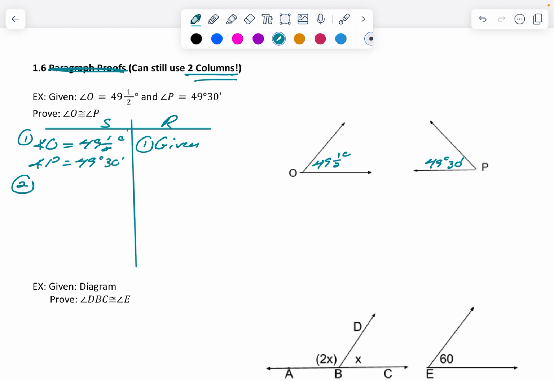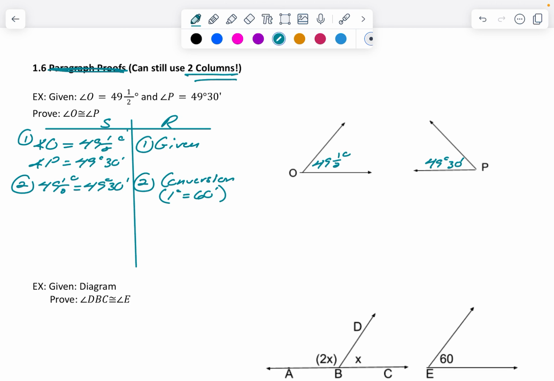And so I'm going to say 49 and a half degrees is equal to 49 degrees, 30 minutes. And we can call it, I was going to call it substitution, we'll call it conversion. We did a conversion where 1 degree is 60 minutes.